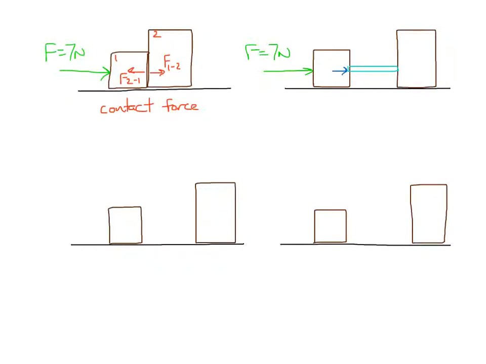So you've got a contact force between box 1 and this kind of ideal rigid rod, and you've got a contact force between the rigid rod and box 2 right here. So it goes, I did it again. I meant to draw it the other way. Sorry.